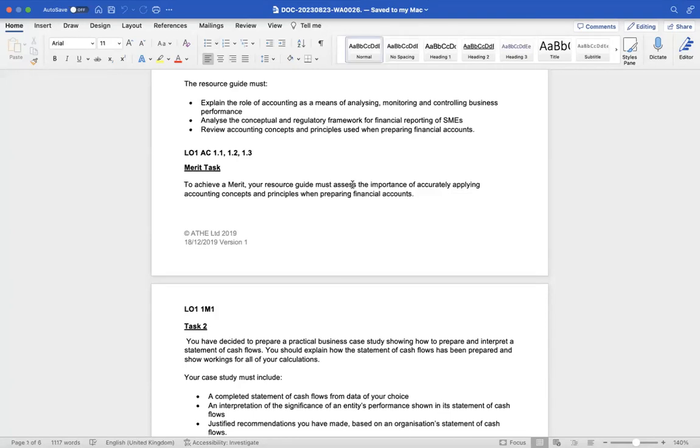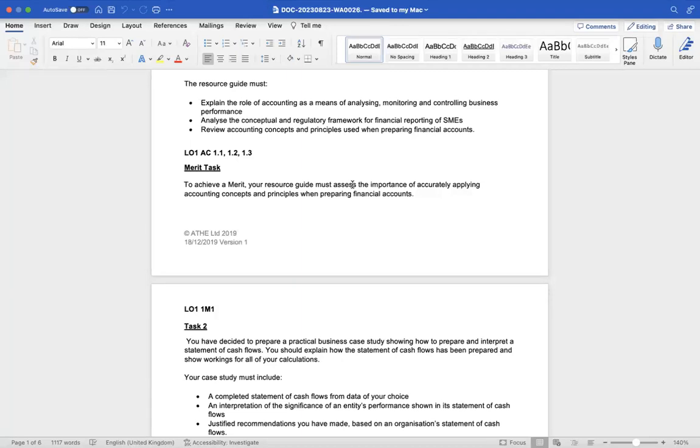Highlight how deviations from these standards can lead to misleading financial information and potential legal implications. Use real world cases to emphasize the real world impact of accurate financial reporting.